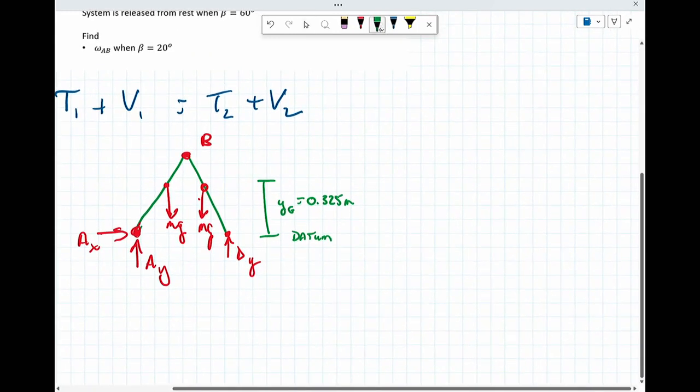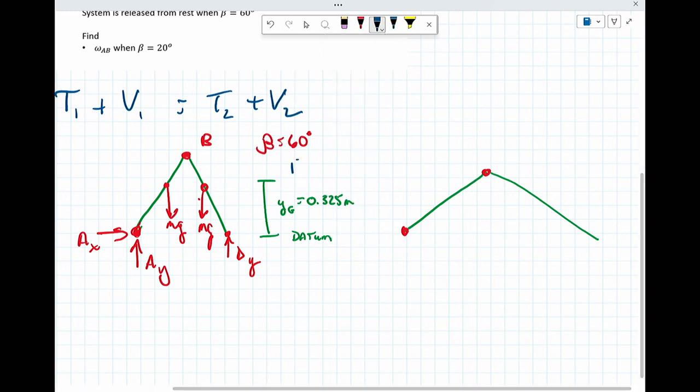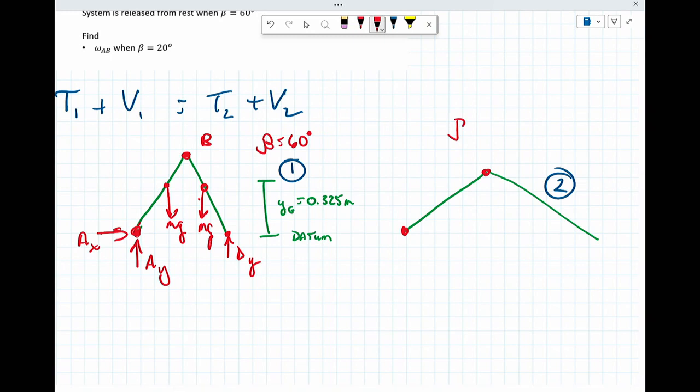So typically this is something that happens when you're looking at, so the second condition was that beta is equal to 20 degrees. So here beta equals 60 degrees, and that is position 1. Position 2, beta equals 20 degrees. So again, you have the same sort of things.